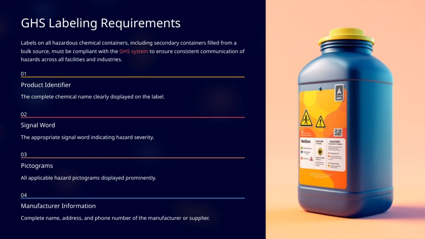Finally, I want to emphasize that all labels on hazardous chemical containers, including secondary containers filled from bulk sources, must be compliant with the GHS system. This consistency in labeling across facilities and industries helps ensure everyone understands the hazards and handles chemicals safely. Remember, clear and compliant labeling is a cornerstone of effective hazard communication and overall safety.